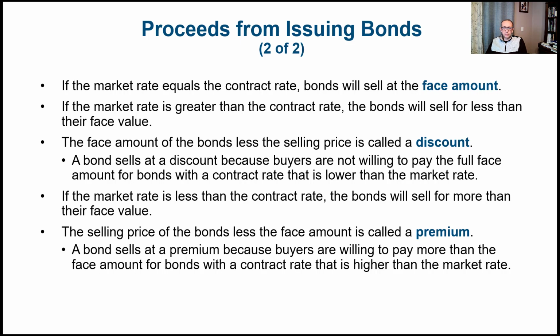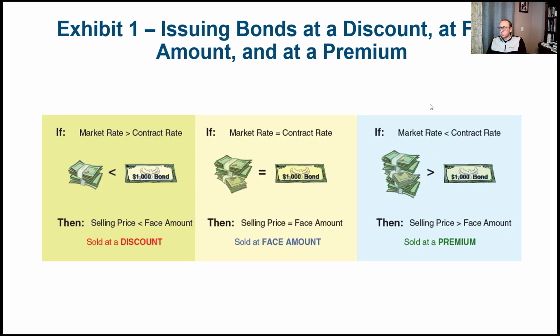So try to remember these three scenarios. The middle scenario is when the market rate is equal to the contract rate or the coupon rate. In this case, the selling price would be the same as the face amount, which is, let's say here, $1,000. So the bond is going to be issued or sold for $1,000. If the market rate is higher than the contract rate, then we are less attractive compared to the market. So we expect that the bond is going to be sold at a discount, which is a value below $1,000.